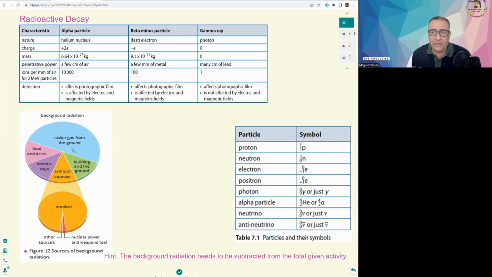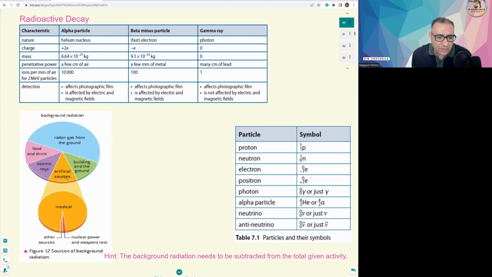For example, you have radon gas, found in soils and rocks. Cosmic rays, food and drink. Cosmic rays are very high energy charged particles coming from the sun or other stars. So cosmic rays are a high energy charged particle stream coming from the sun or other stars.